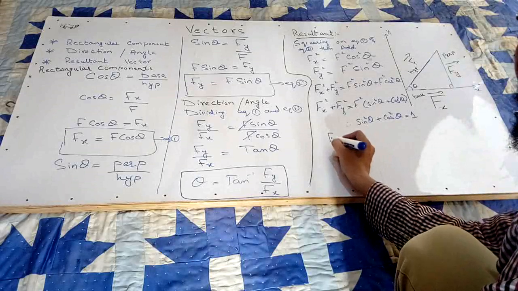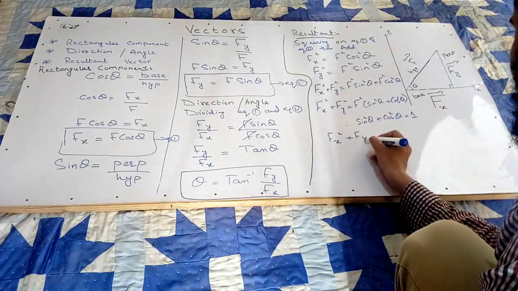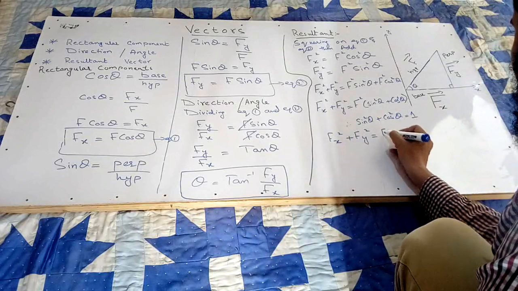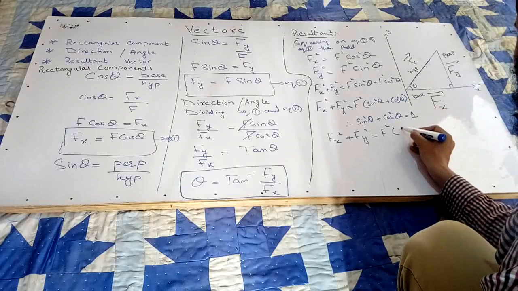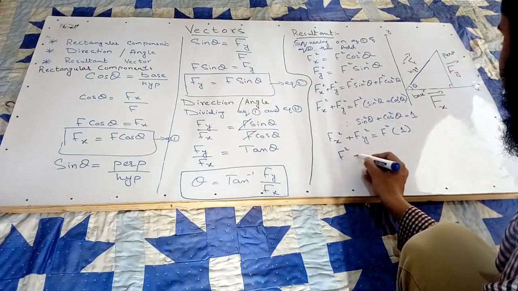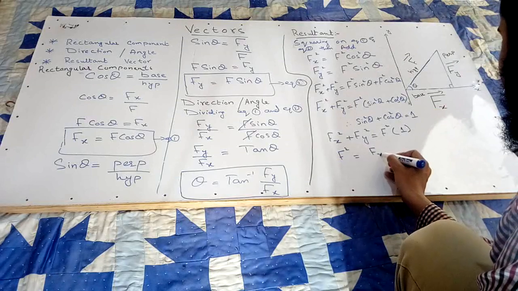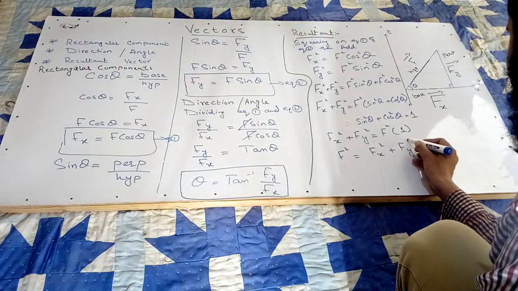So Fx square plus Fy square is equal to F square, putting 1 here.